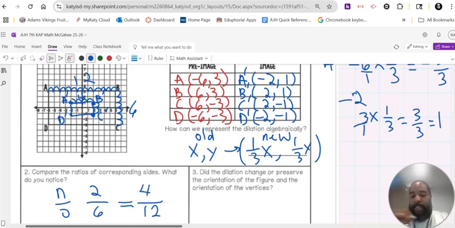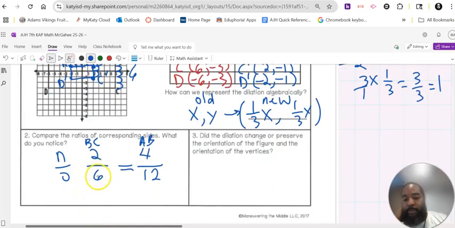All right, let me explain what I just did because I don't think I said that very clearly. What I did was I looked at our corresponding sides here. So this would be segment BC, and this would be segment AB, right? What we're looking at is what happened from our original to our new. We notice that it went from 6 to 2 and 12 to 4.